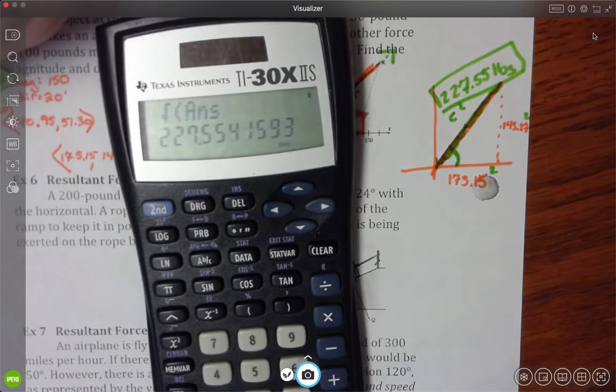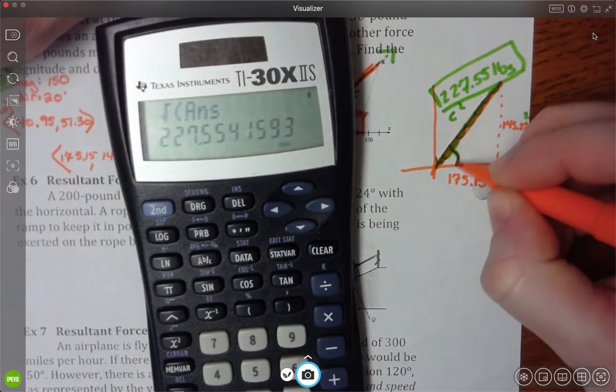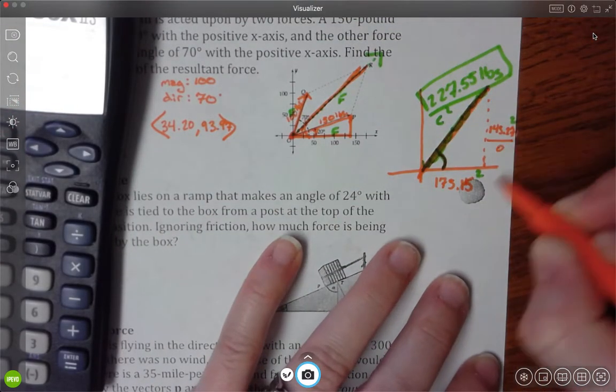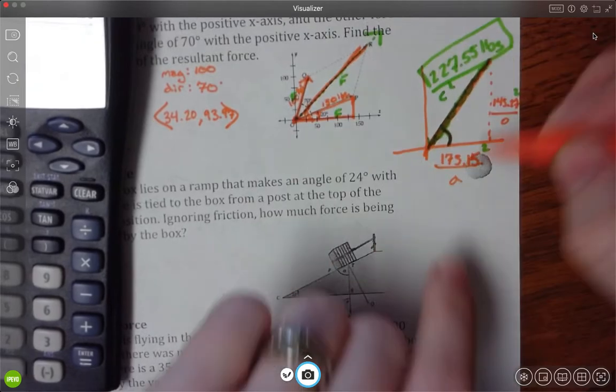Last thing that I need to do is find this angle here. And what I can do to find that, if I know the opposite and the adjacent, is just take the inverse tangent, okay?